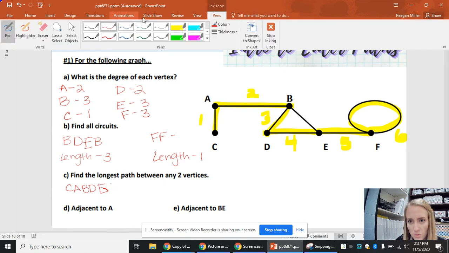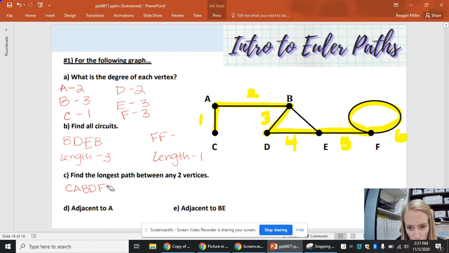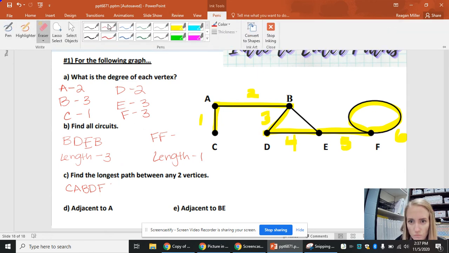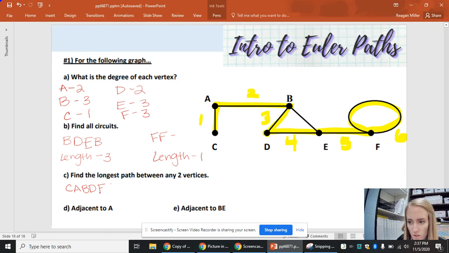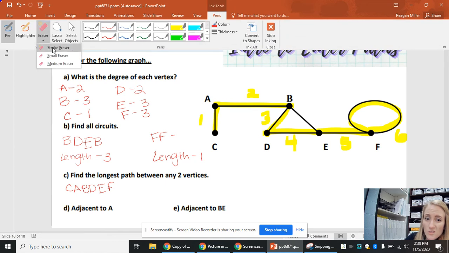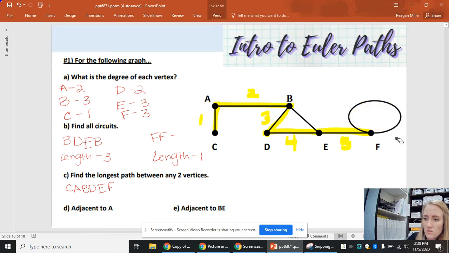Sorry, that looks a little weird. D to E to F. I guess we might not include the loop there because we've already reached F, so there's no reason to really loop back around to it. So I'm actually going to erase that instead of just making an entirely new video.